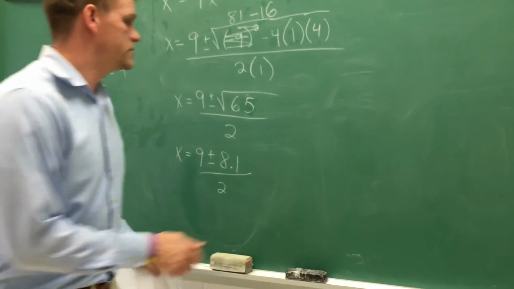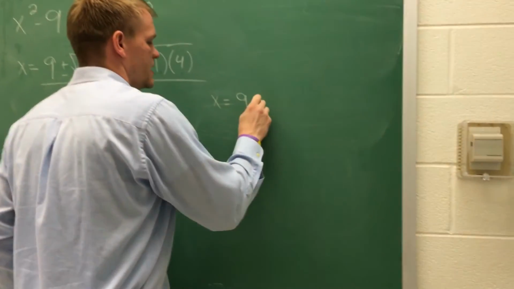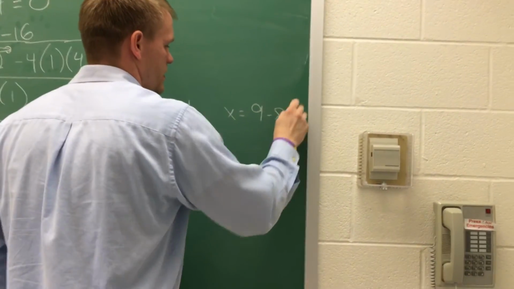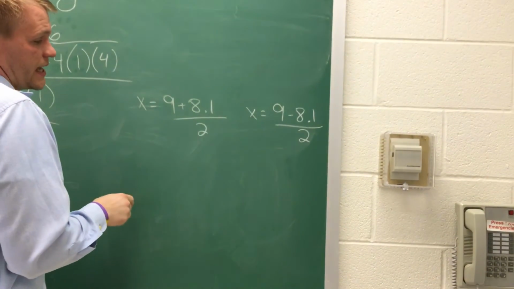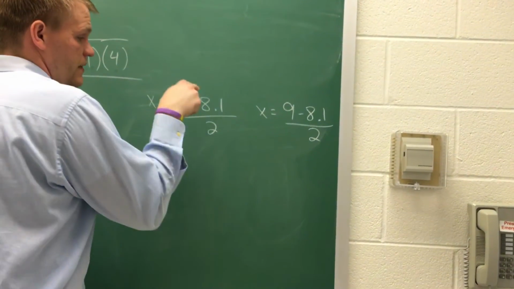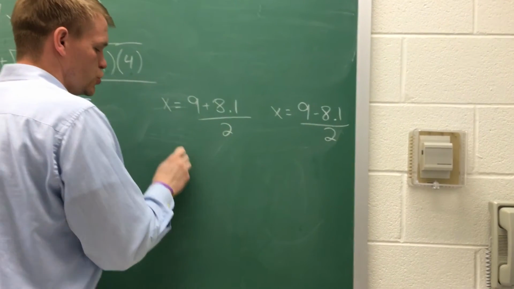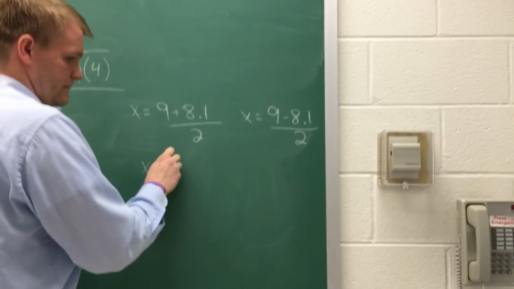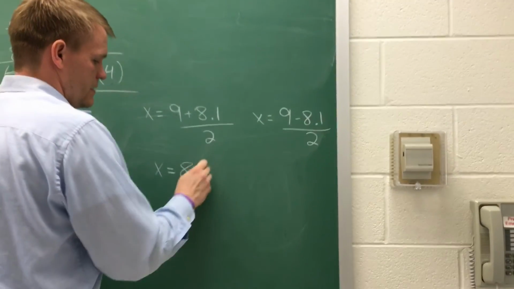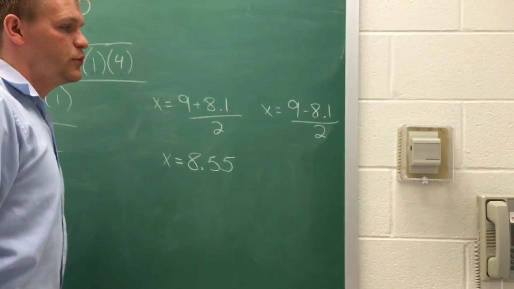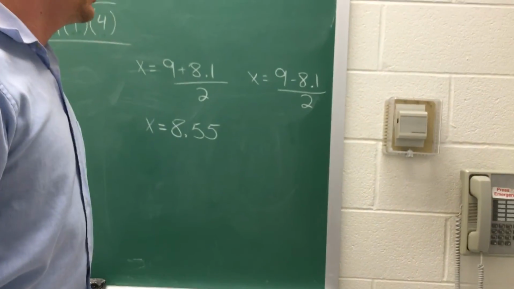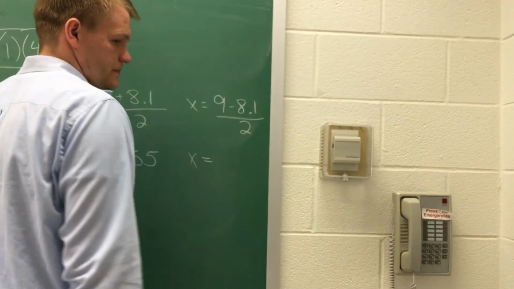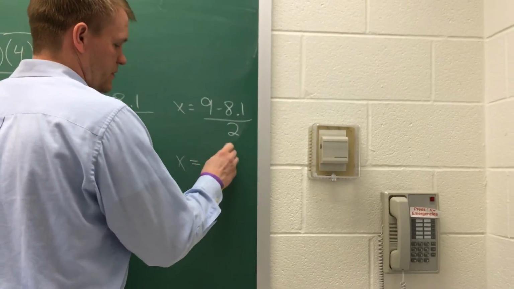So now I'm going to separate into x equals 9 plus 8.1 over 2 and x equals 9 minus 8.1 over 2. 9 plus 8.1 is 17.1, and then 17.1 divided by 2 is 8.55. 9 minus 8.1 is 0.9, and then 0.9 divided by 2 is 0.45.